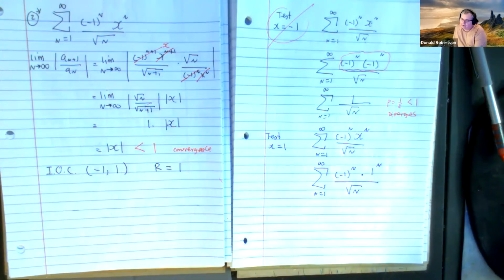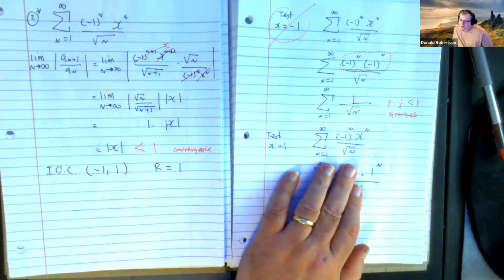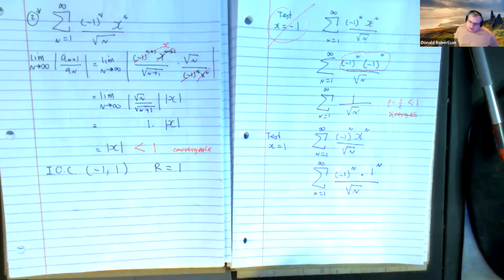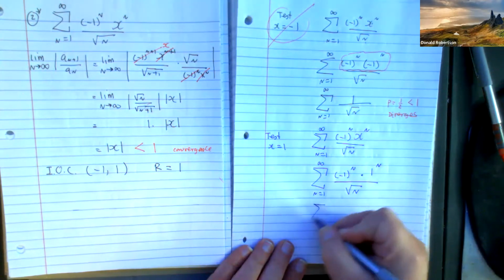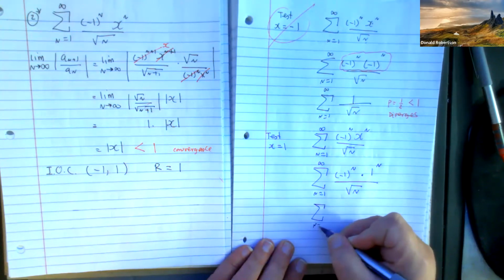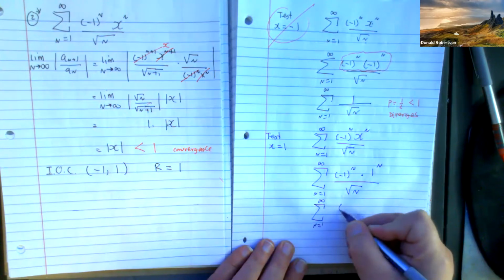So far, so good. Now, 1 to the power of n. Isn't that always going to be the number 1, right? 1 squared, 1 cubed. So really, the simplest version of that series is this guy.